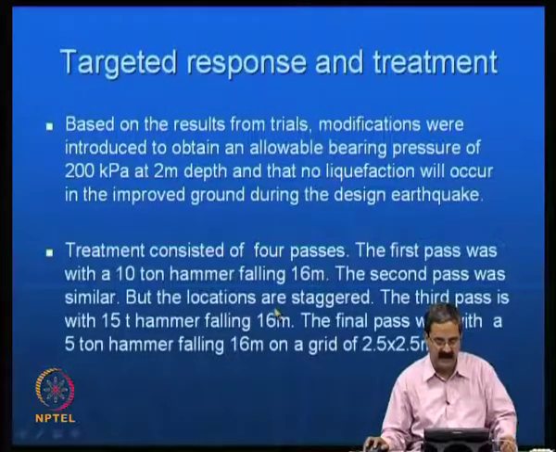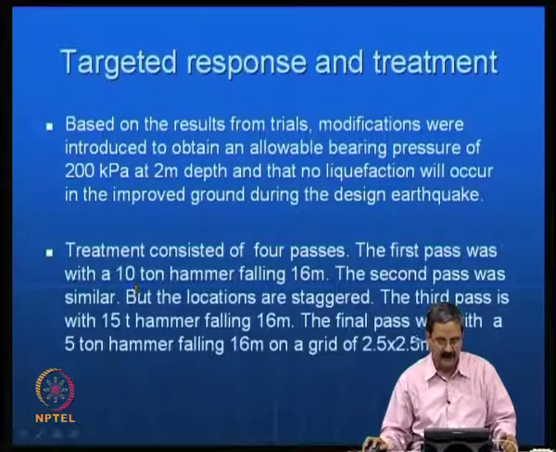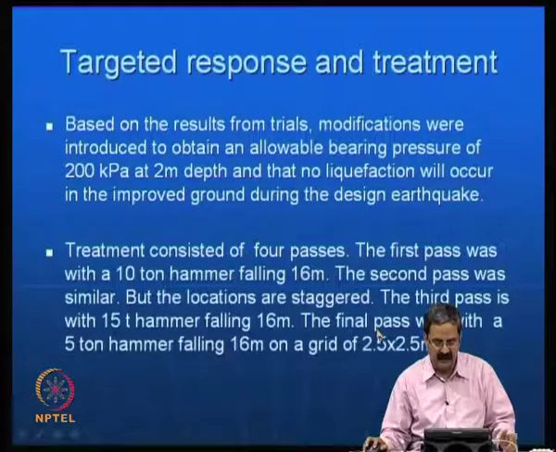The third pass was with a 15-ton hammer falling 16 meters, a little higher weight than the previous 10 tons. Finally, the last one was made with a 5-ton hammer falling 16 meters on a grid of 2.5 by 2.5.